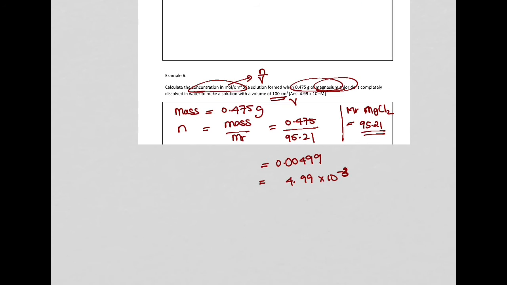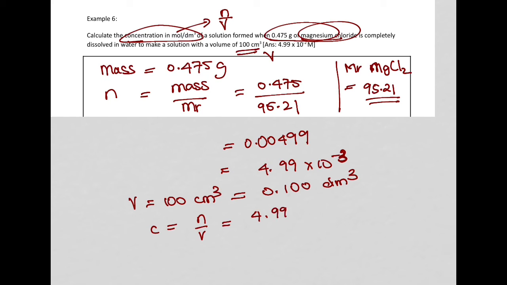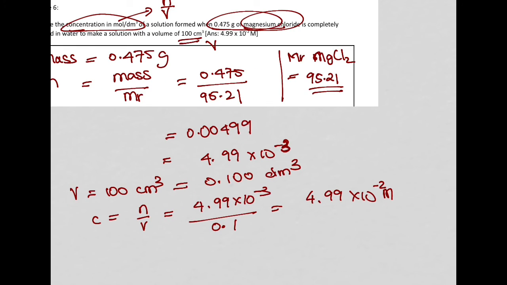So you'll need to find the concentration, which is number of moles divided by volume. So volume is 100 cm³. We'll convert that to dm³. So from this, concentration is number of moles divided by volume. So the number of moles divided by 0.1, and then you get 4.99 times 10 to the power of minus 2 moles. You can write M capital or mol/dm³.